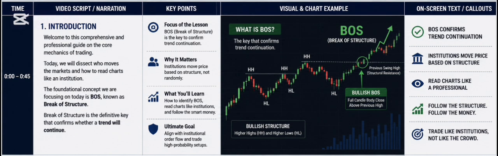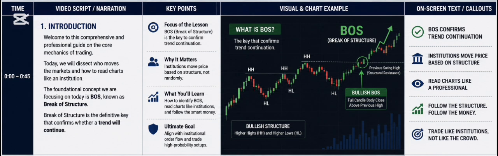Before diving into the technicality of break of structure, you must understand basic market structure. Price never moves in a straight line. It moves in a series of continuous waves.